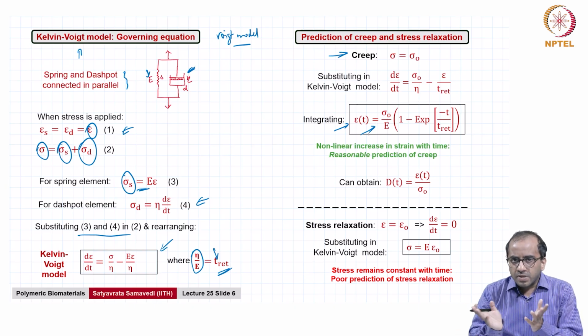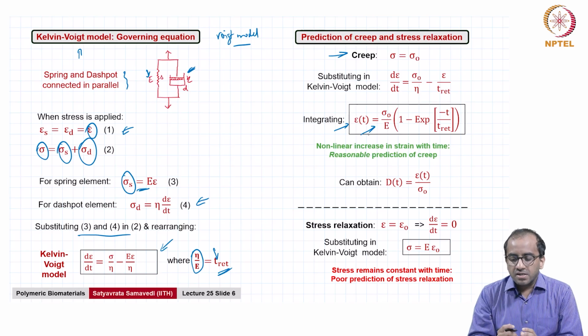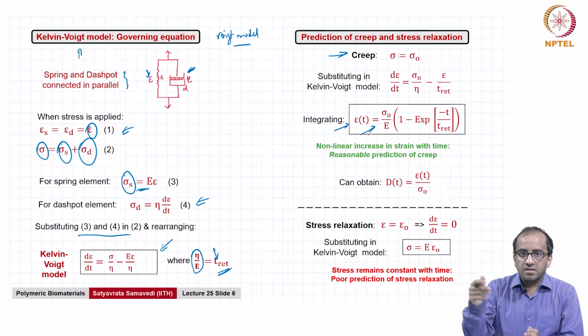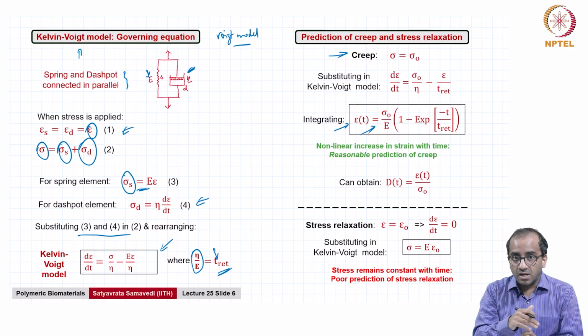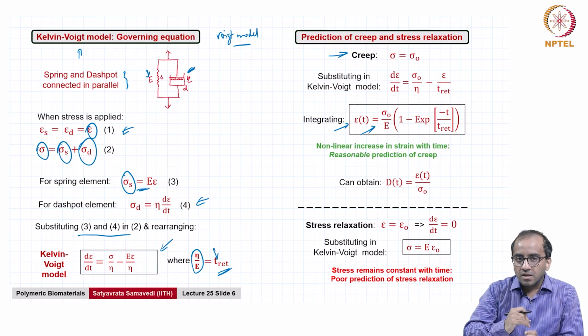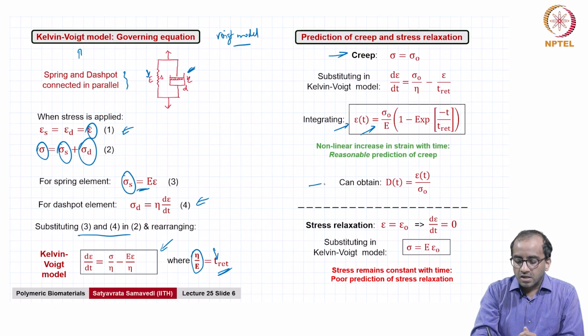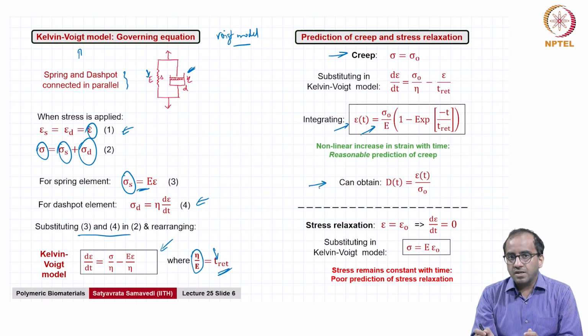Those would be considered what you would call the terminal responses, and that seems to be a reasonable prediction of creep, where you are not simply seeing a jump and a linear increase in deformation as a function of time, as was predicted by the Maxwell model. You are seeing an increase, but in a non-linear fashion with time. And again from this you can obtain the creep compliance D of t. That is the case for creep.